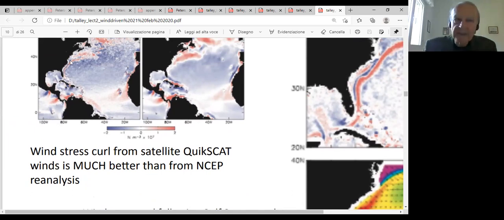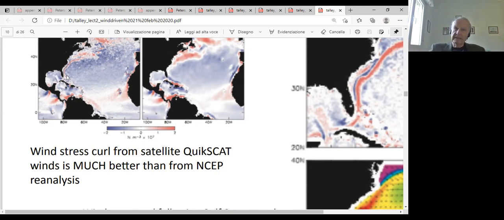I zoomed a little bit here, and you can see in the satellite images that there is the wind stress curl, positive, following simply the Gulf Stream. Why the Gulf Stream? Because the Gulf Stream is bringing the warm water from the equatorial areas toward the polar areas.